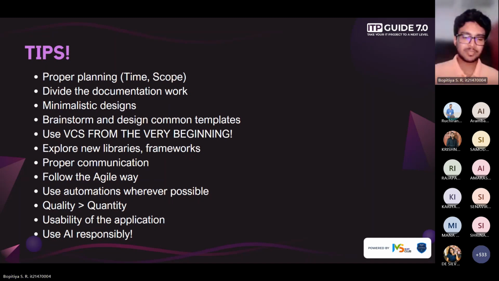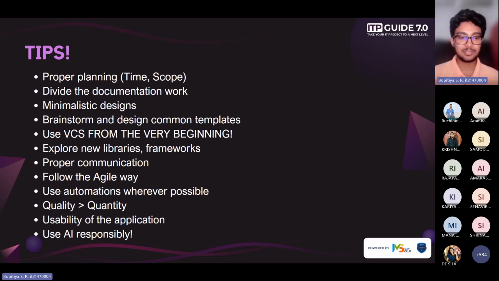And explore new UI libraries, such as the MUI library, which has built-in filter and sort functions within the MUI table, so you don't have to implement them again. Take this ITP opportunity as a place where you can explore these things and start including them into your project or application.